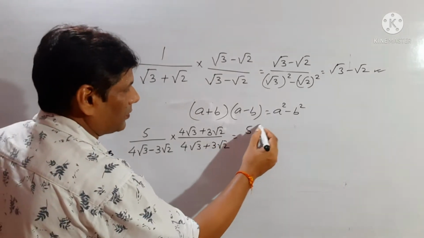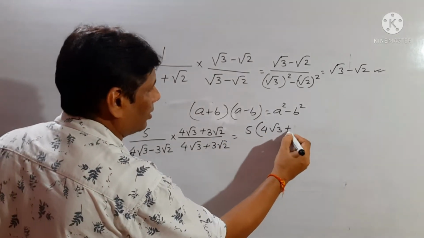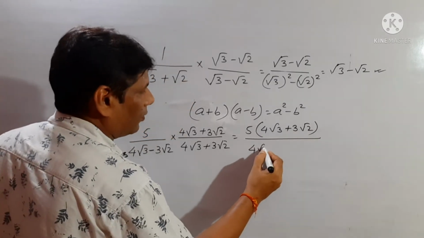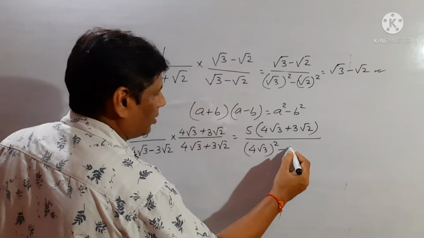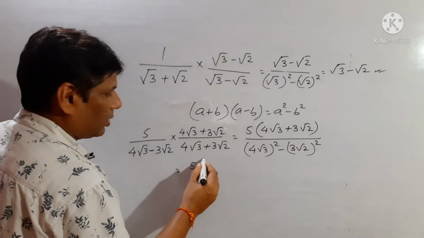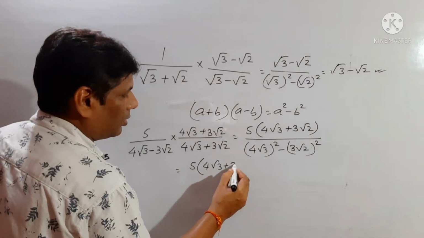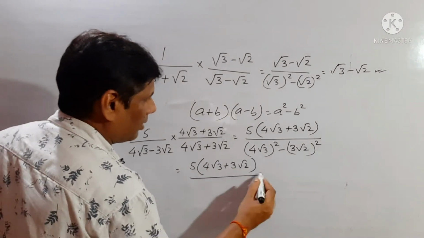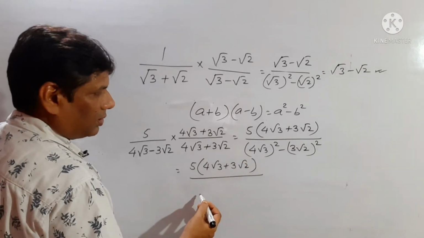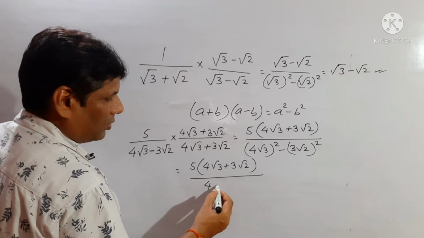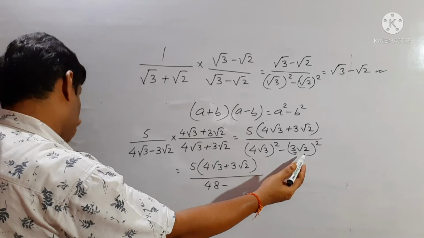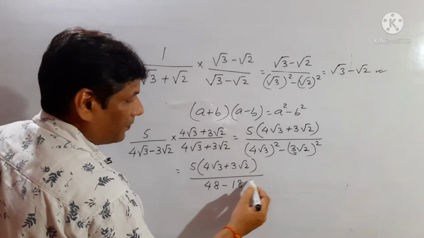Now it becomes 5 into 4 root 3 plus 3 root 2 divided by 4 root 3 whole square minus 3 root 2 whole square. It becomes 5 into 4 root 3 plus 3 root 2 divided by 4 square is 16, root 3 square is 3, so 16 into 3 is 48, 3 square is 9 and root 2 square is 2, so 9 into 2 is 18.